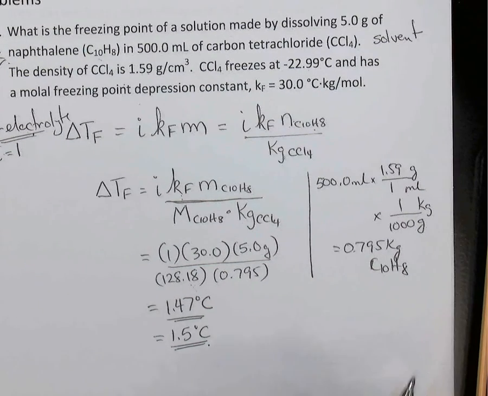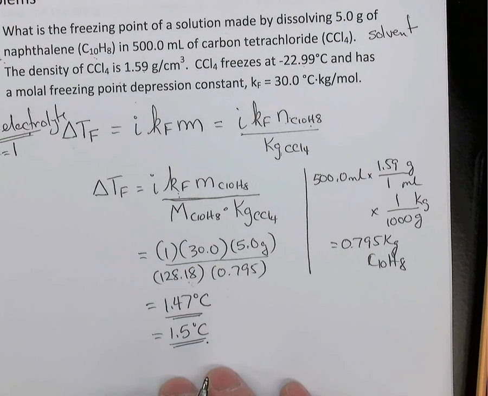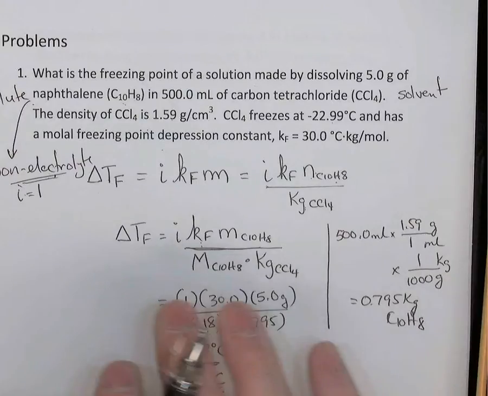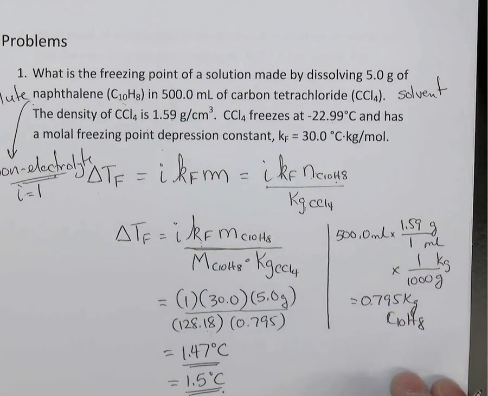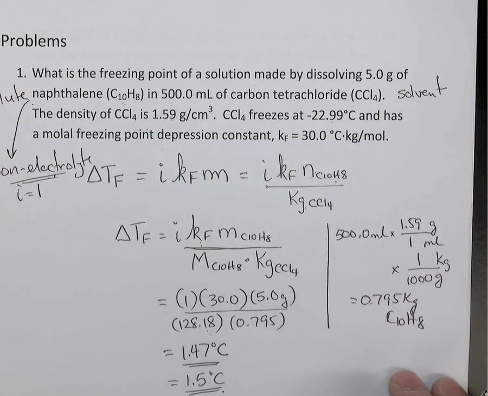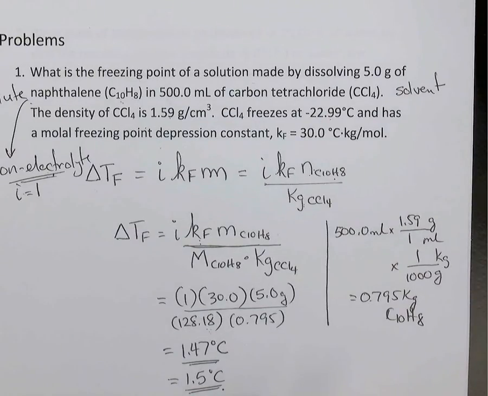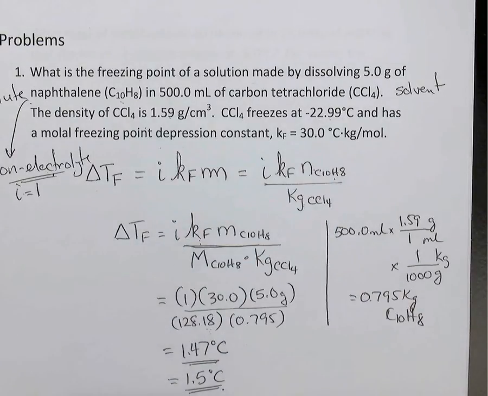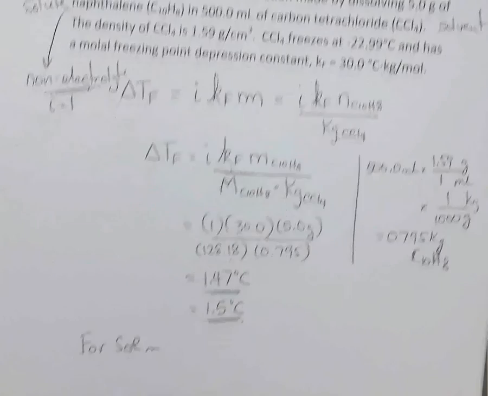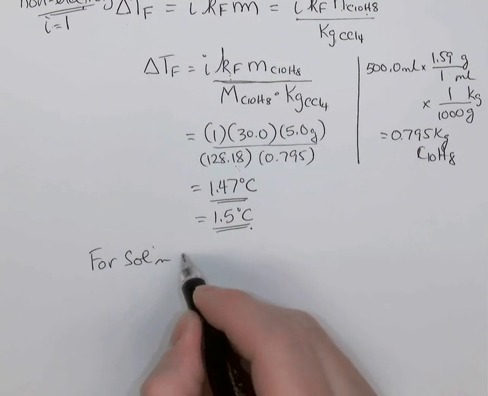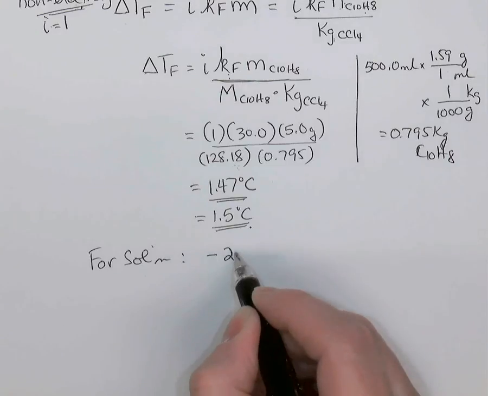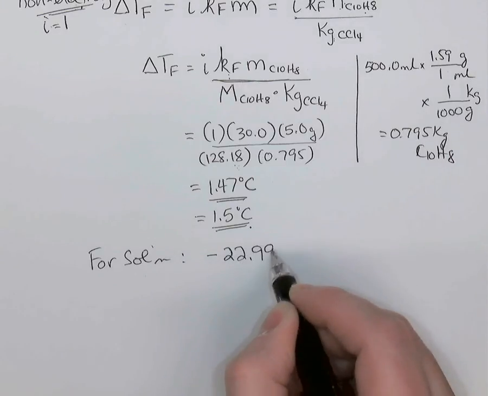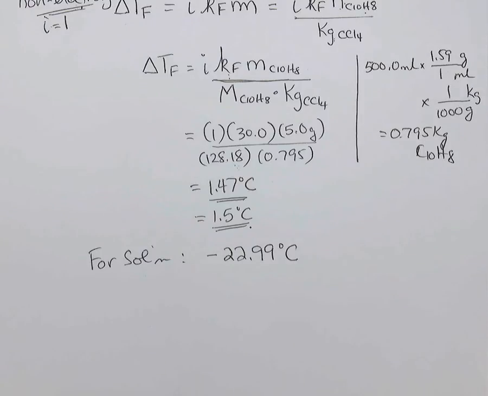All right, so the question was not to find the change in the freezing point. We wanted to know what would be the freezing point of the solution. Well, the freezing point of the solution is going to be lower than the freezing point of the solvent, carbon tetrachloride. Carbon tetrachloride's freezing point is minus 22.99 degrees Celsius. So for the solution, let's calculate its freezing point. We'll start with the freezing point of the carbon tetrachloride, minus 22.99 degrees Celsius.